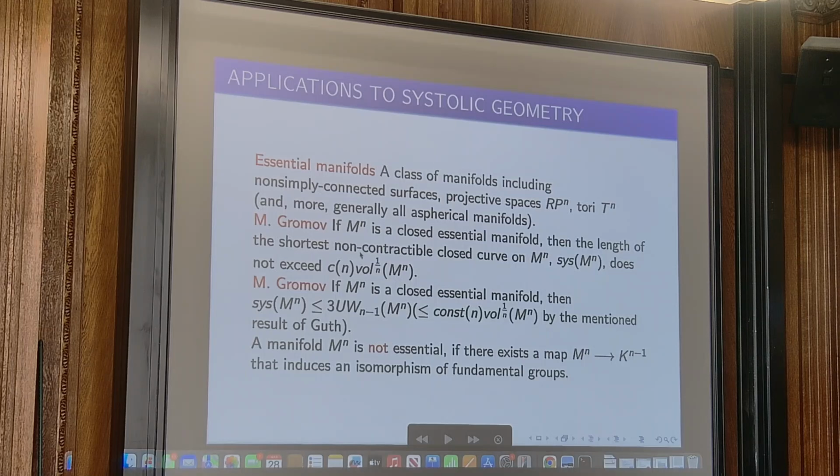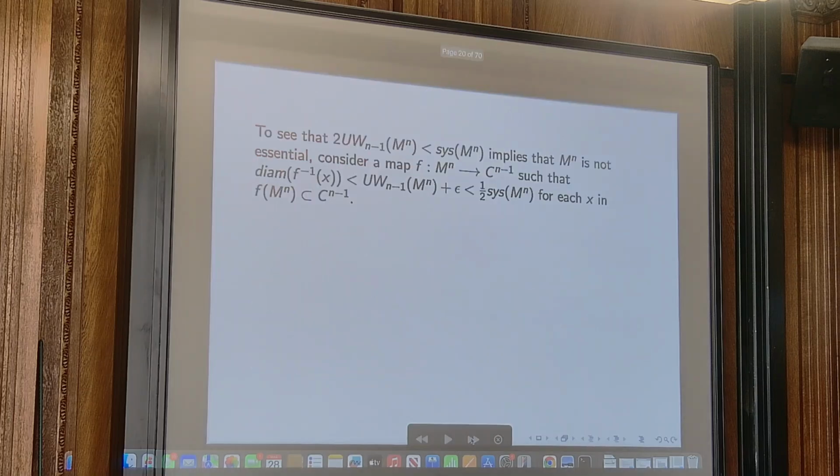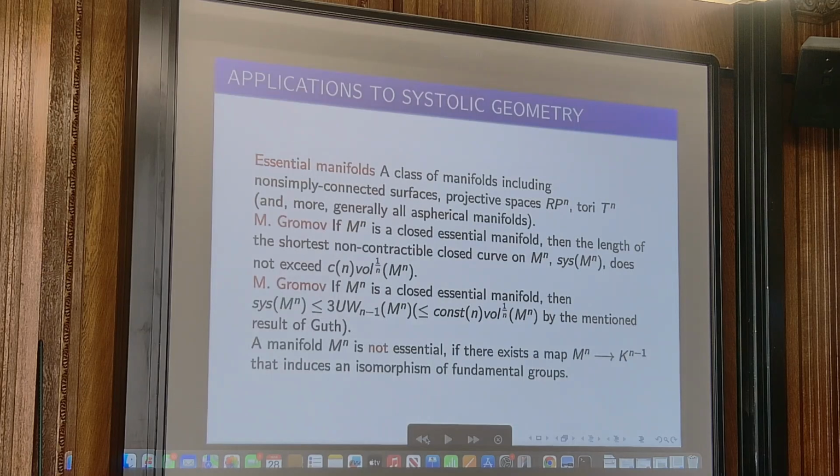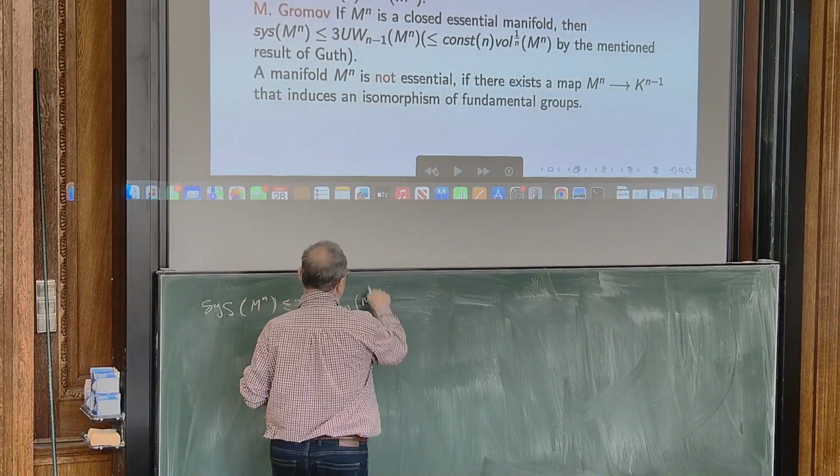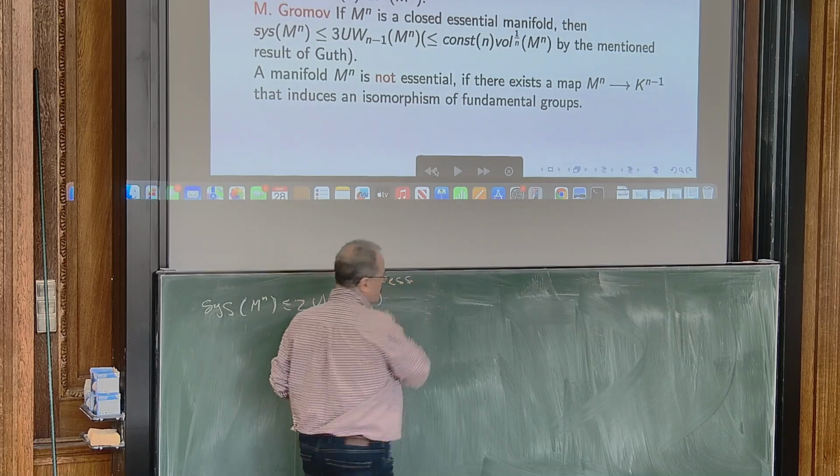So let me spend a little bit of time explaining why this is so. I'm going to sketch why the systole is at most 3, and in fact 2, so why the systole for essential manifolds is at most 2 times the Urysohn width if this manifold is essential.